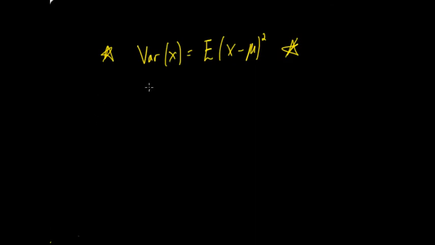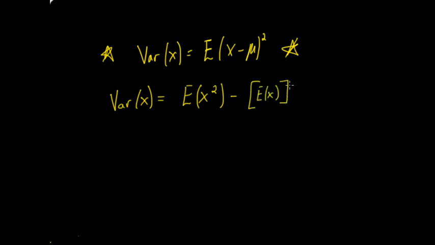Another one, so you can expand this out and then simplify, is you get the variance of x equals E of x squared minus E of x, squared. Now note that they're not the same thing.